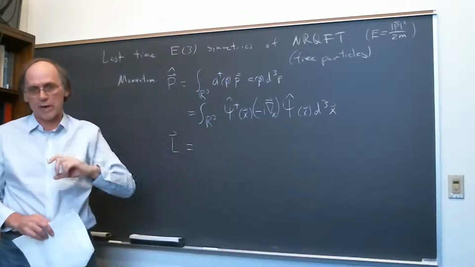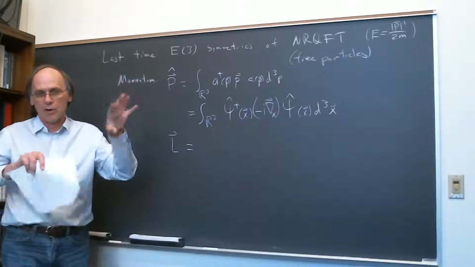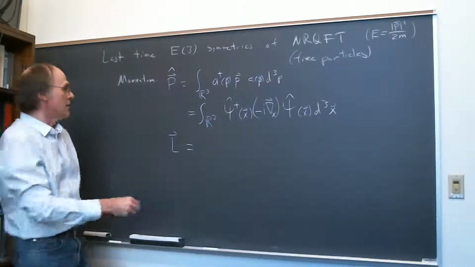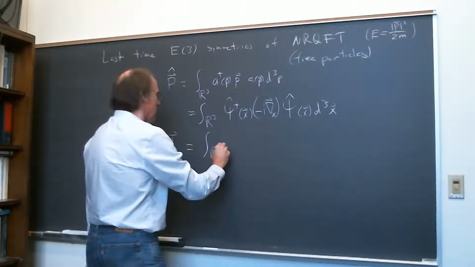They're related by Fourier transform, but it's going to have two pieces, one that depends upon x, one that depends upon p, and only one of them is going to be diagonal.